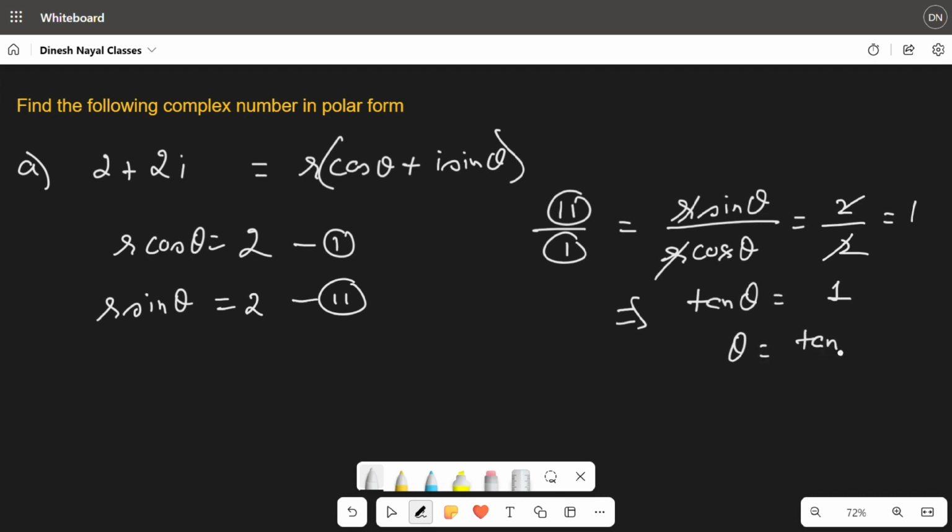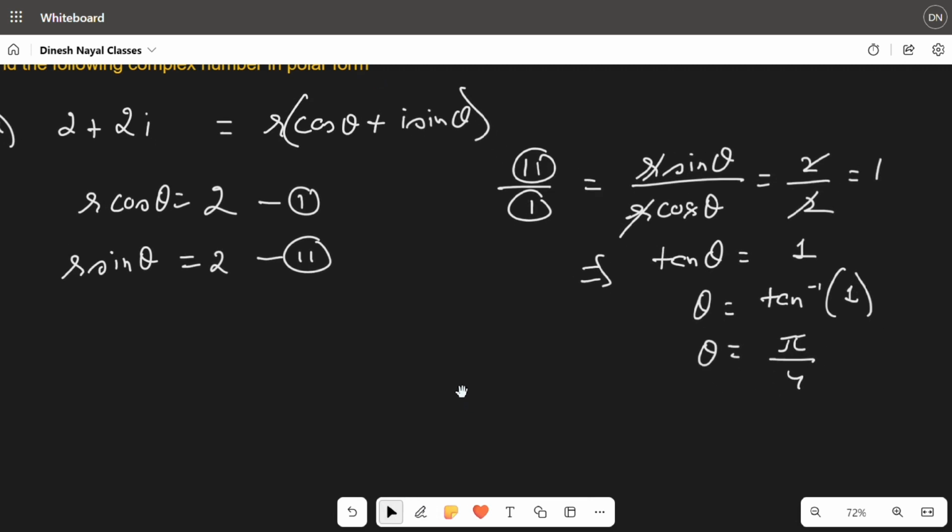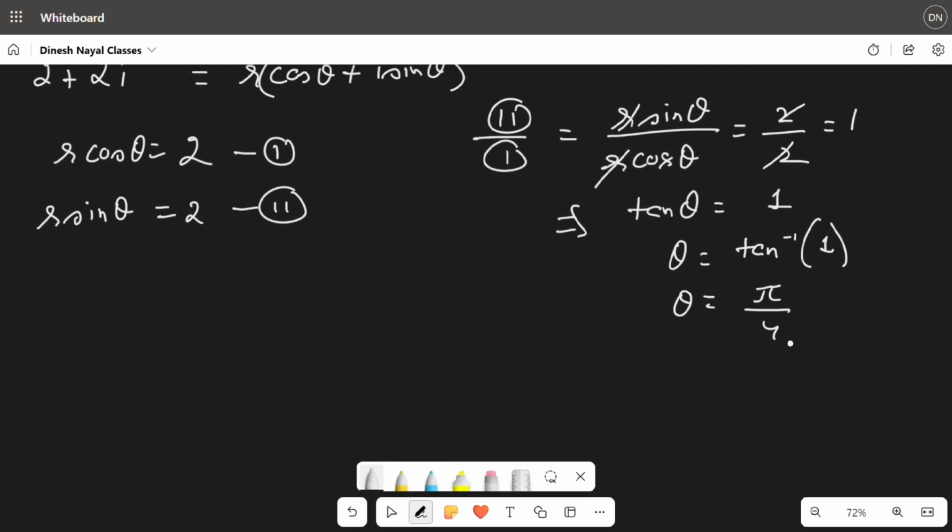Now what is tan inverse 1? You are an IB HL math student, so you must have your GDC, and you substitute in that, you get theta as pi by 4. So the argument of this complex number is pi by 4. Now you substitute pi by 4 in equation 1 to get the value of the modulus r.